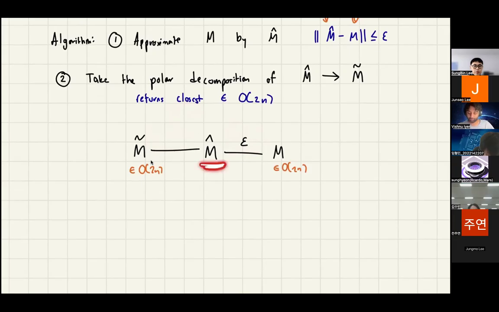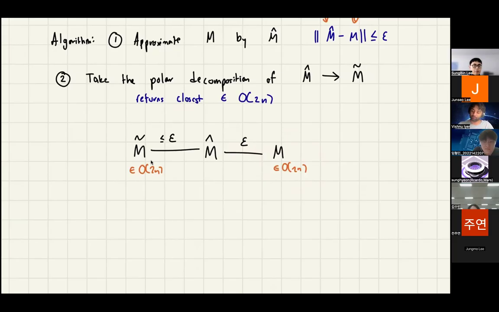It can't be greater than epsilon, because then it would send you to M. So it sends you to something, M tilde, that is less than or equal to epsilon away.